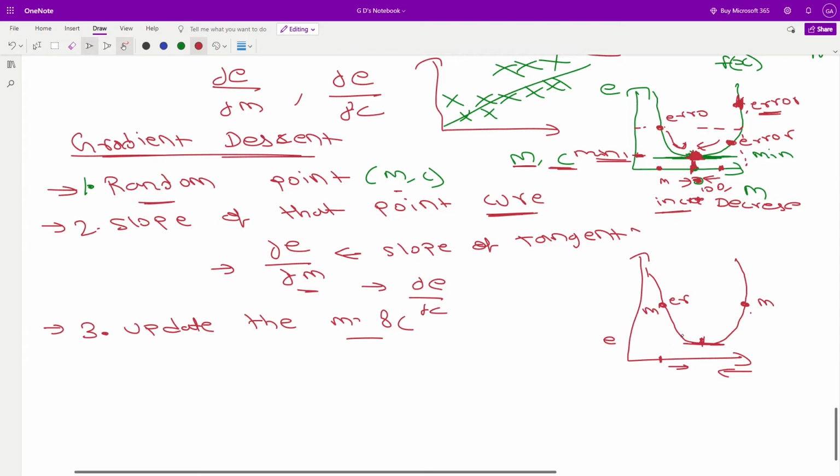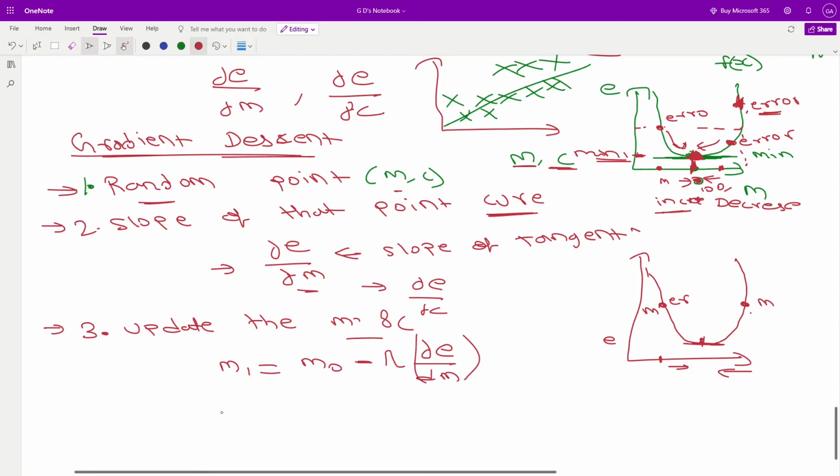So the equation for changing the m value is: the new m value is equal to the old m value minus some parameter. We'll talk about this parameter called eta, or the learning rate, in 2 minutes. Then comes your dE by dm.